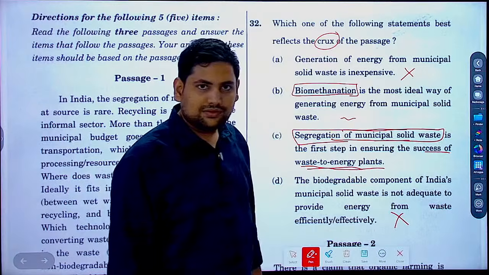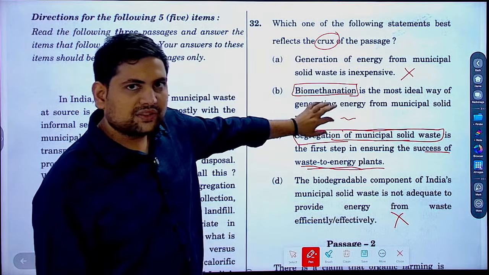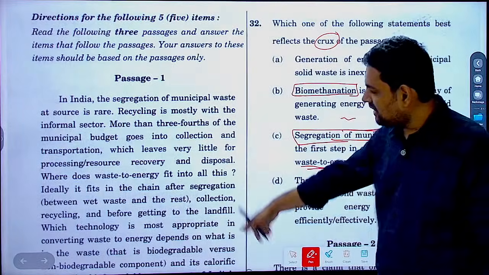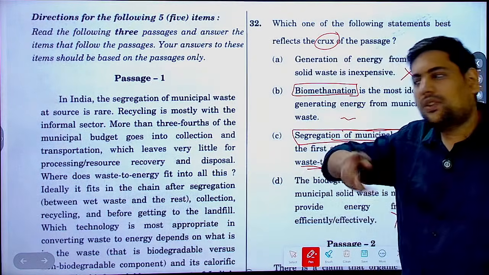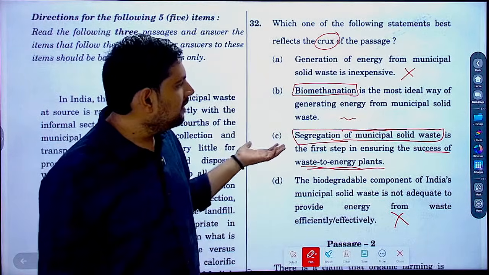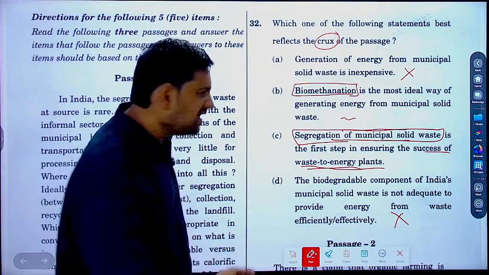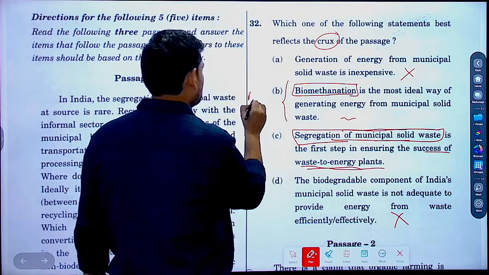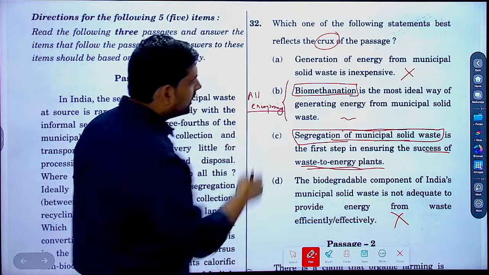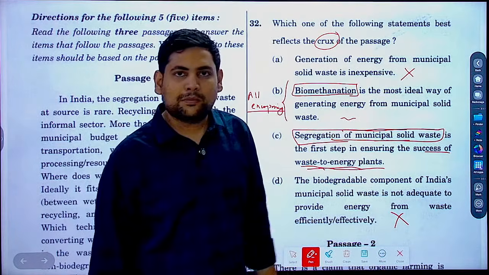Now, some people may have gone this way, which is biomethanation. Now, you can just compare them. Biomethanation is actually given in the last part, that according to the waste that India has, biomethanation can be one of the most ideal ways. But this is actually not all encompassing. You can make an argument that this is also not all encompassing.